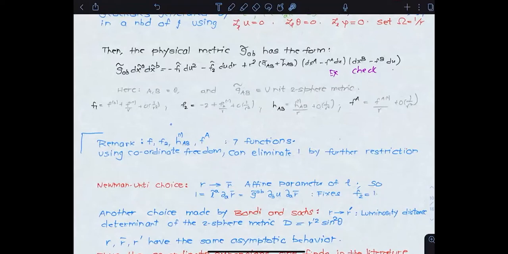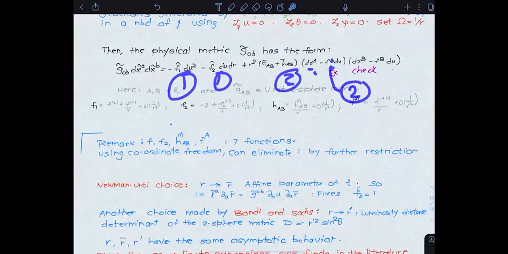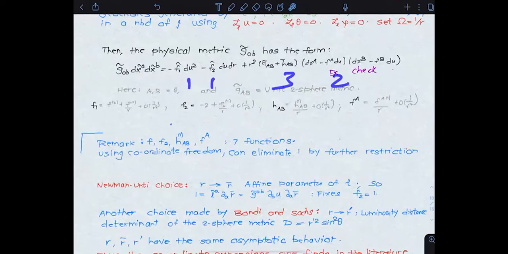And then I got these functions F1, F2, and then I got other functions here which are called H AB, so that this is a 2 by 2 matrix. Therefore, it has 3 components here. There's 1 component here, 1 component here, and here there are off-diagonal pieces, and A goes from 1 to 2, so I got 2 components. So I got 2 plus 3 plus 1 plus 1. So I get here 7 components up here.